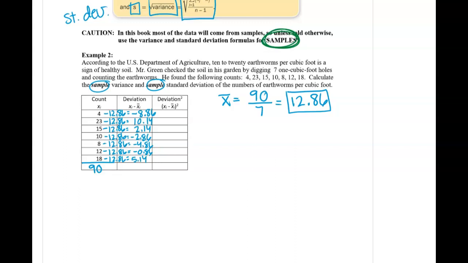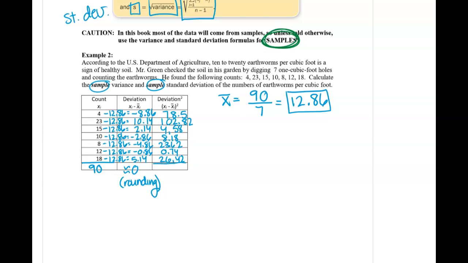And if you add these up, you get close to 0, but not exactly, but that's just due to the rounding we did. As long as it's close to 0, you're all set. If we square all those, and again, we're squaring negative 8.86, 10.14, etc., all the way down, we get 78.5, 102.82, 4.58, 8.18, 23.62, 0.74, and 26.42.